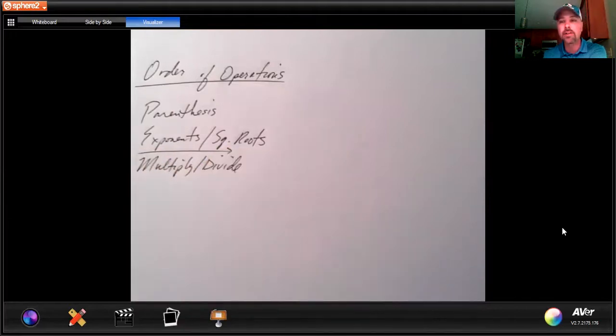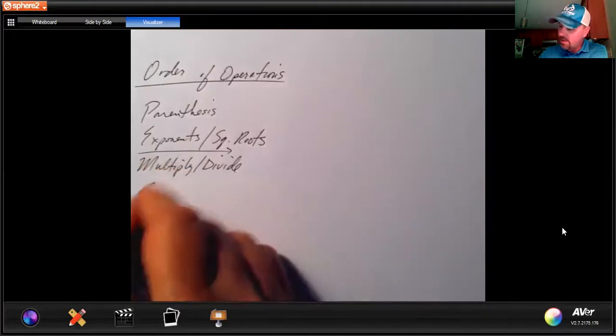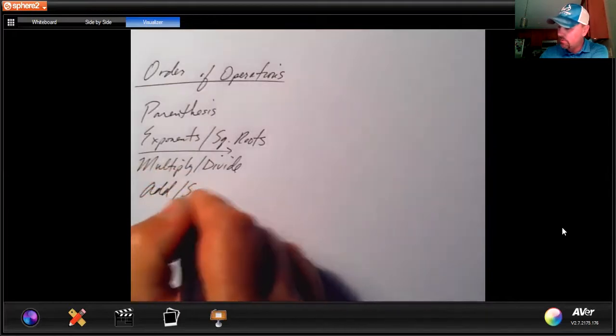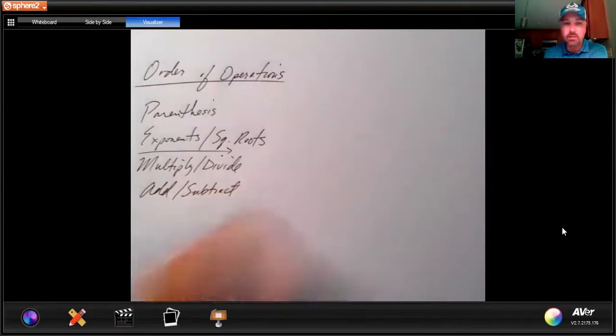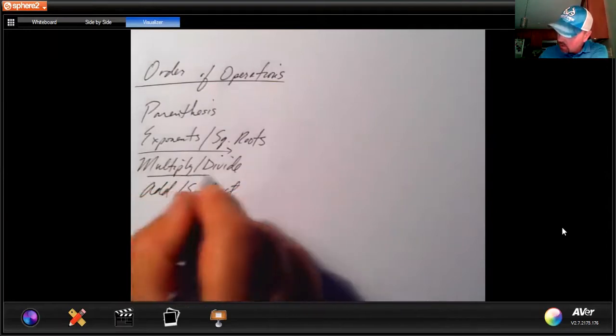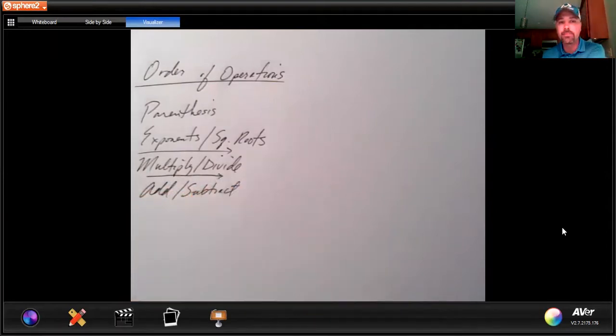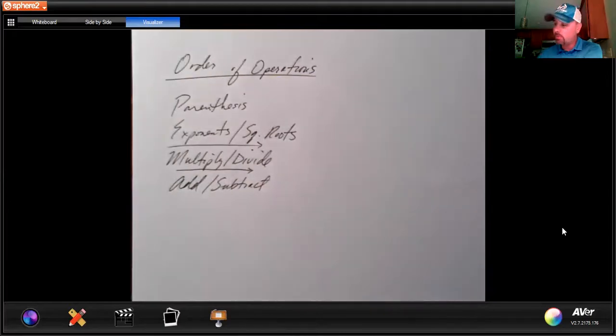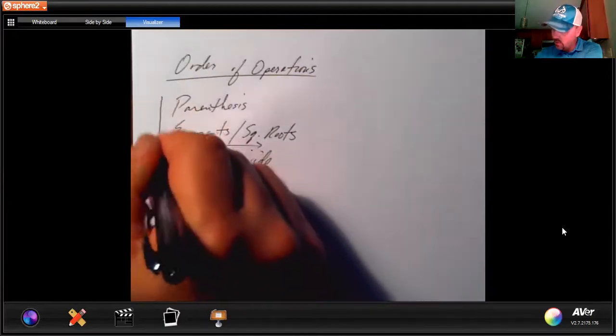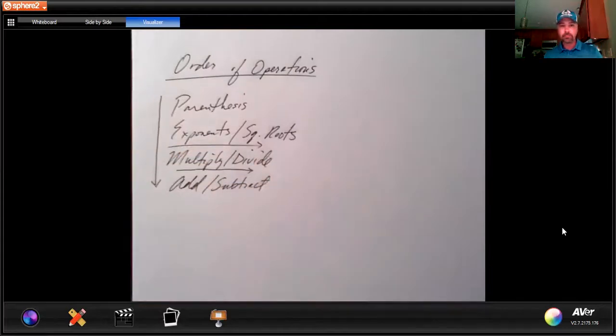We go from left to right on that to decide which one's first. And then the last operations in a problem that we would do would be add and subtract. Again, those are done from left to right. Okay, so when we talk about the order of operations, we start here and we work our way down. Okay, and once we finish the addition or the subtraction, then the problem should be over.